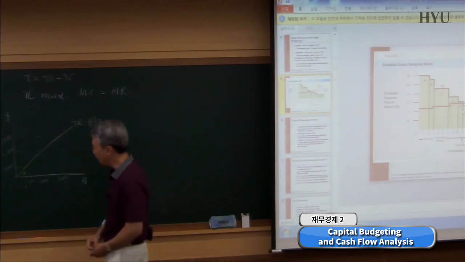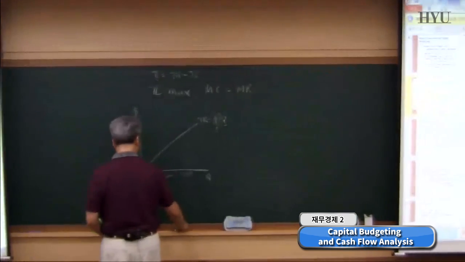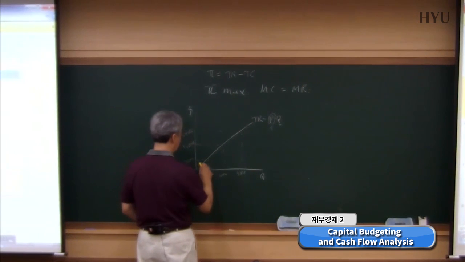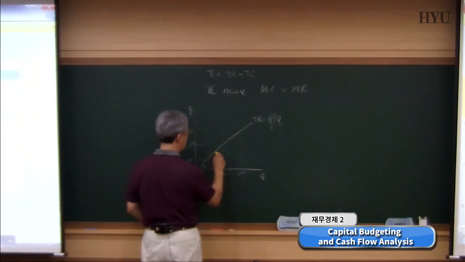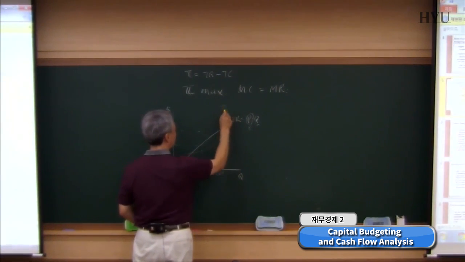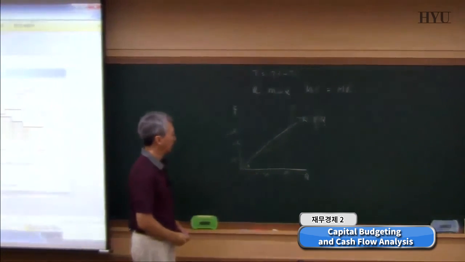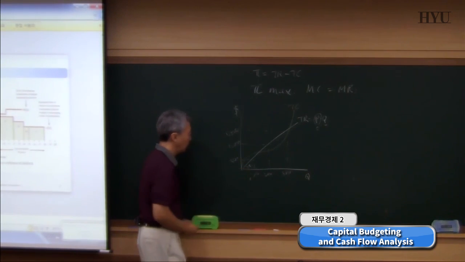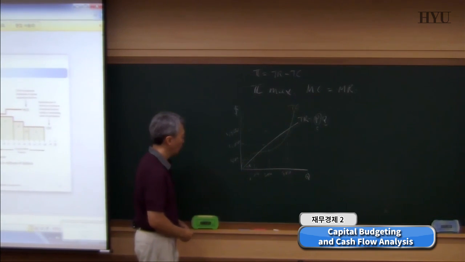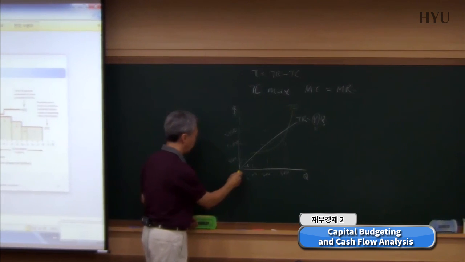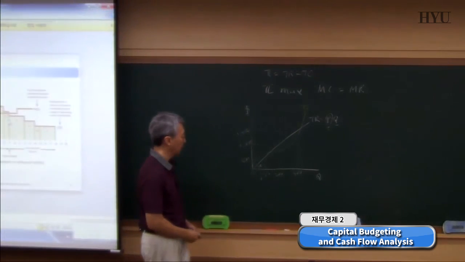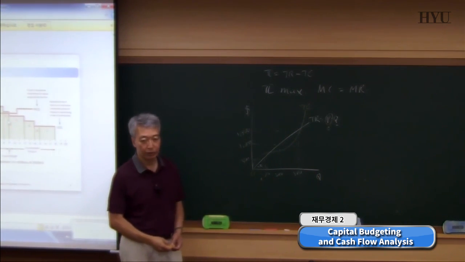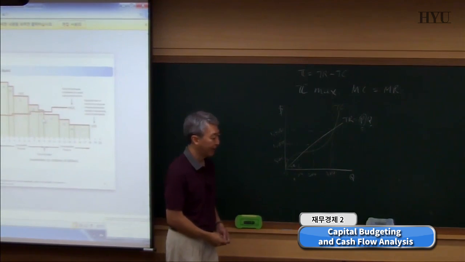The total cost curve typically looks like this. When you start from 0, you can say the total cost is 0, though it depends on whether you have fixed cost or not.